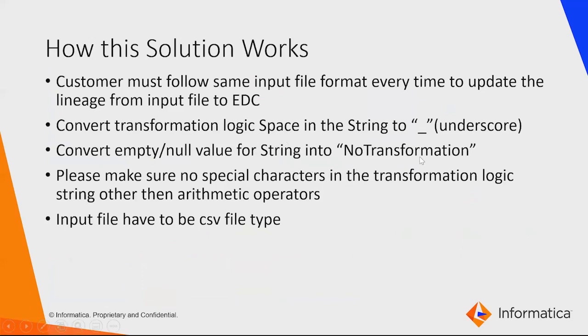We want to label it so that there will not be any empty strings, which would not give a clear picture. Whenever you put in transformation logic with multiple words separated by spaces, we replace the spaces with underscores, because EDC will treat this as a name attribute, and you cannot use multiple words in a name attribute.